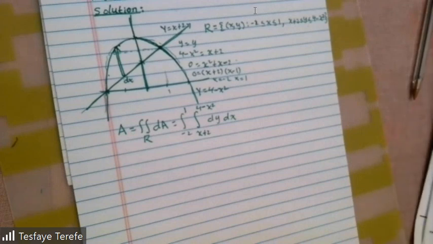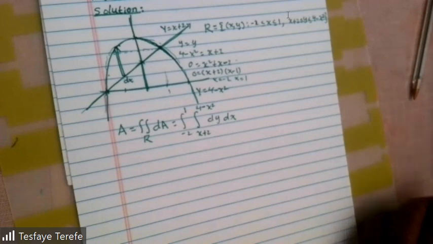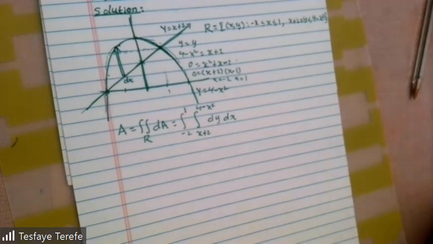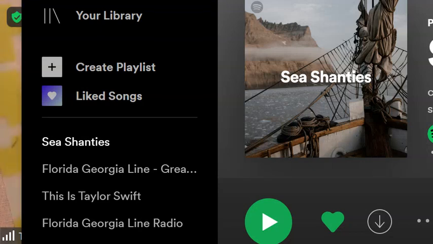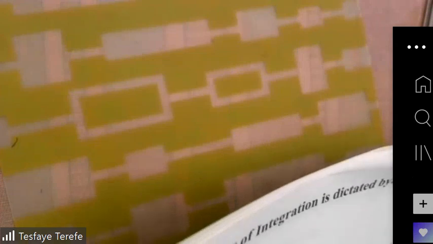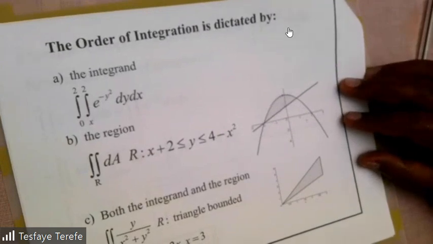But since I'm running out of time, I want to put something in your head, actually, the summary. Maybe your previous instructor mentioned this, or maybe not. How do we decide the order of integration? There are three possibilities.